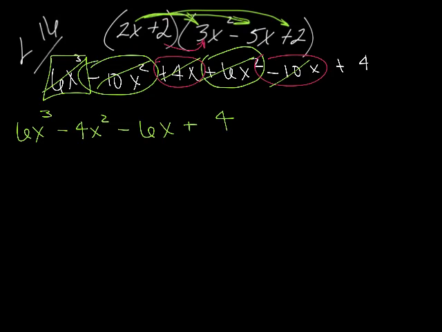Alright, for the next one we're going to do it vertically. And you're going to get the exact same answer. It's just done a slight bit different. So we have 3x squared minus 2x minus 2 times x minus 2.